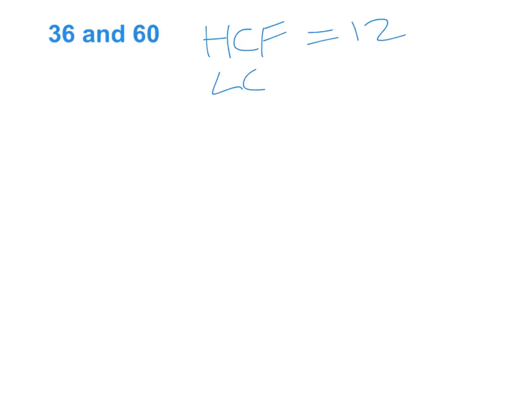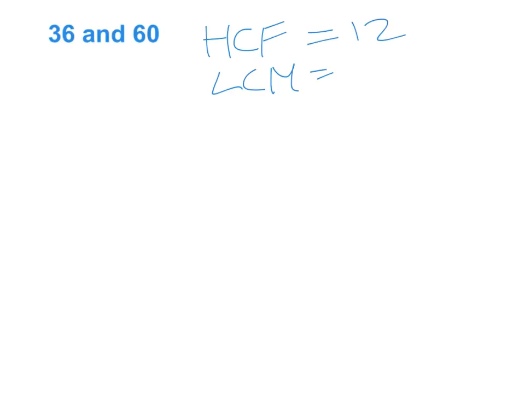The lowest common multiple, also known as LCM, is the first number that is a multiple of both 36 and 60. So going through, if you wanted to work this out without prime factors, you would go through your times tables of 60, the bigger number, checking each time whether 36 divides in.